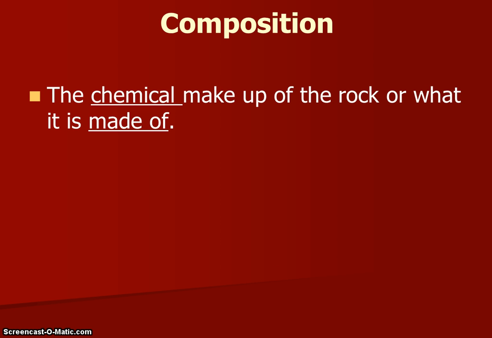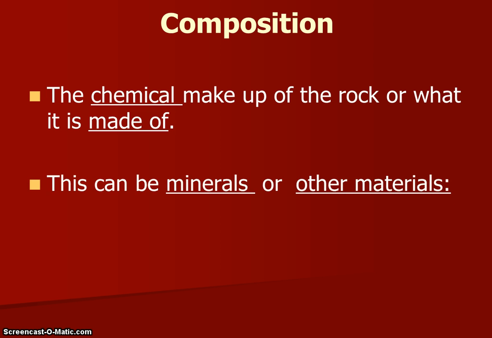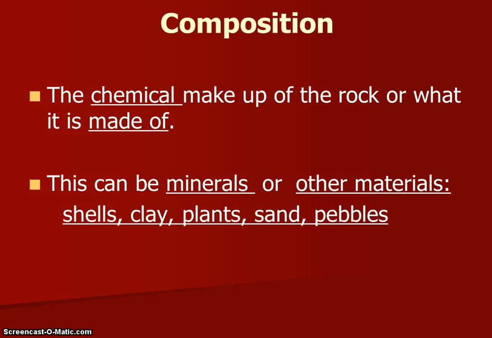Composition is the chemical makeup of the rock, or what it is made of. So it's the stuff that's in the rock. This can be minerals or other materials, such as shells, clay, plants, sand, pebbles are some of the other materials that make up rocks.